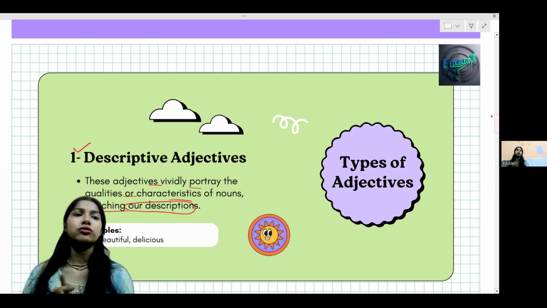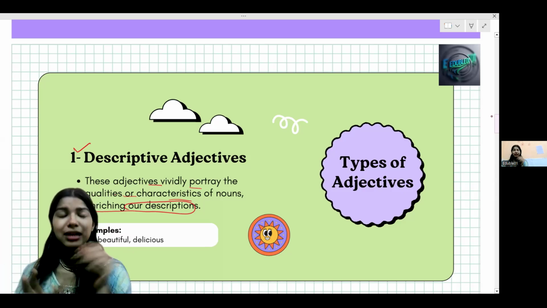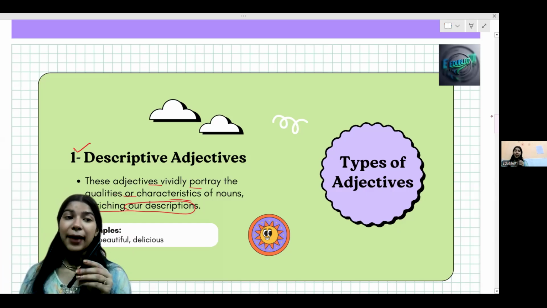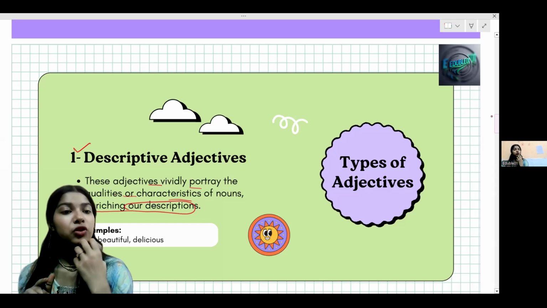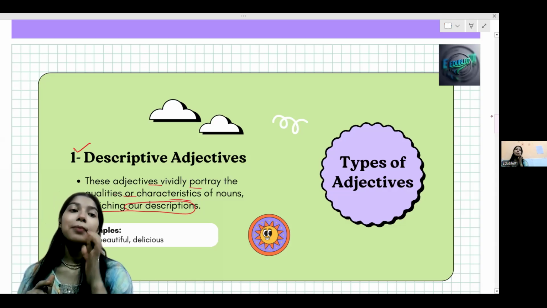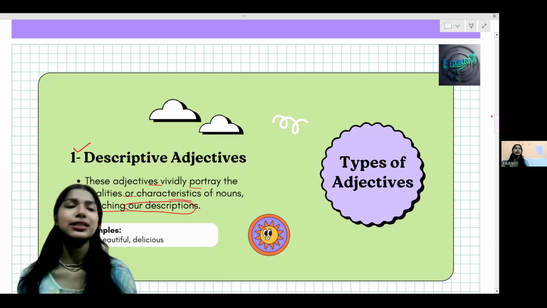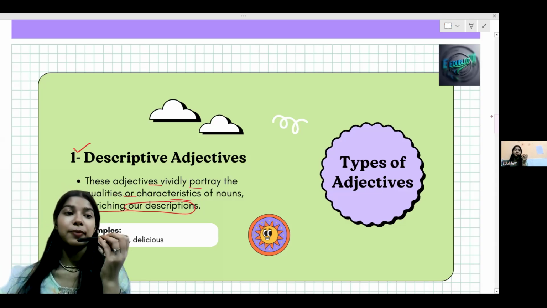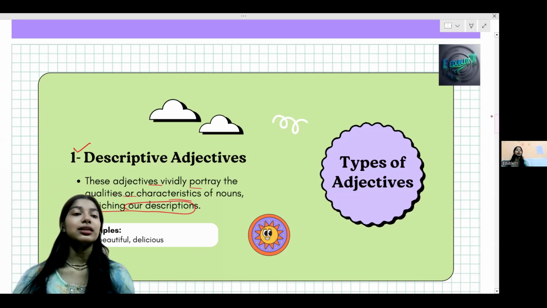So if I'm going to tell you, please tell me the description of this pen, then you're going to say, ma'am, the pen is black in color. The pen is matte. The pen is long. So the words tall, long, black, matte, these words are telling the description of this noun, this pen, that is a noun only. So it is describing the nouns.